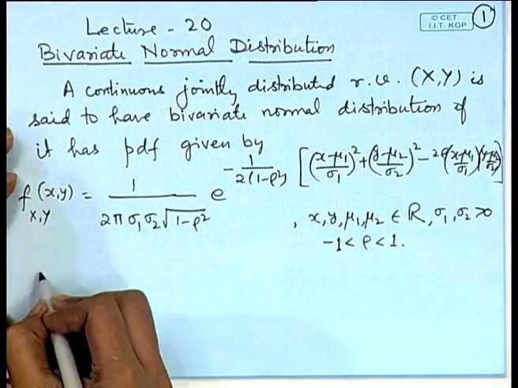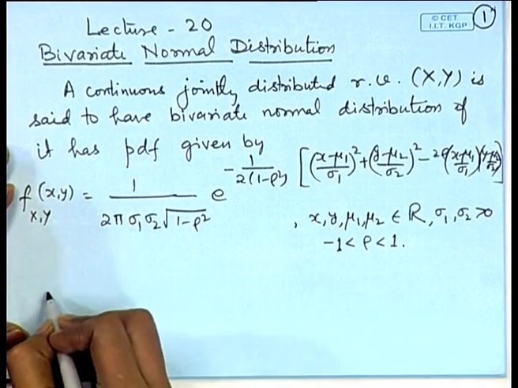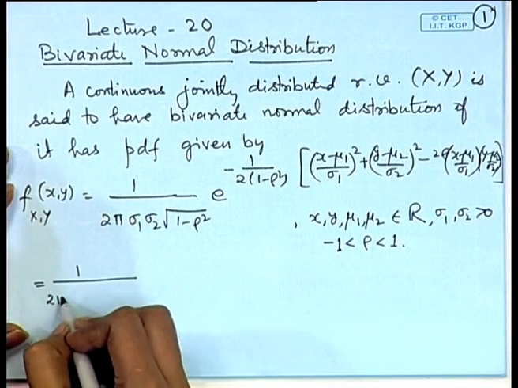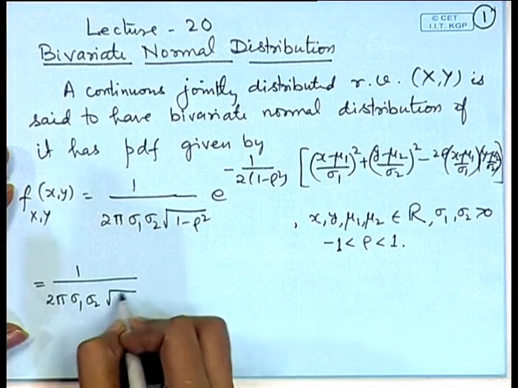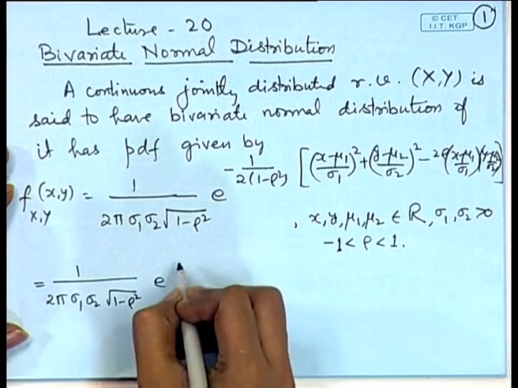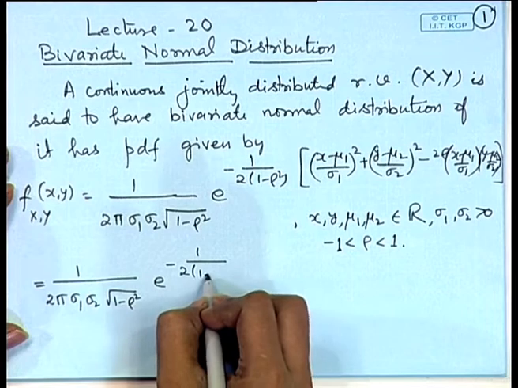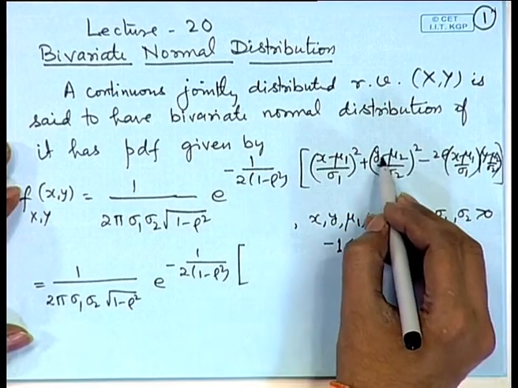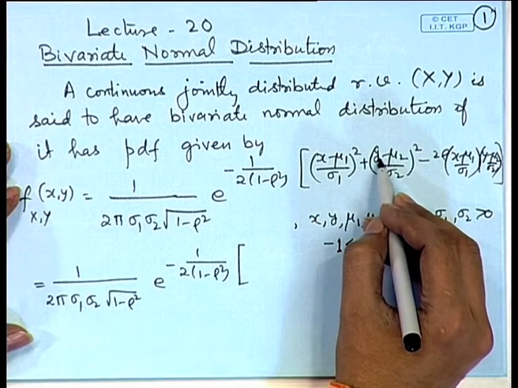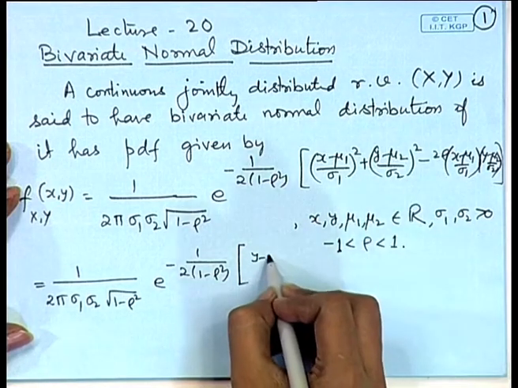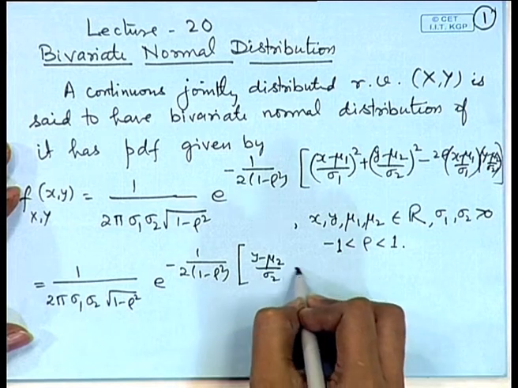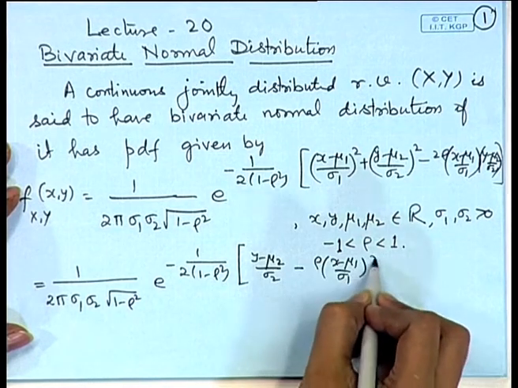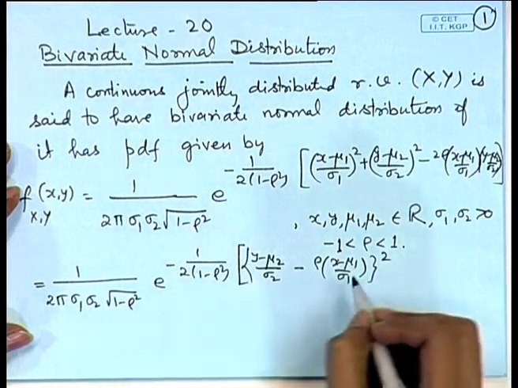So, we can factorize it as 1 by 2 pi sigma 1 sigma 2 root 1 minus rho square, e to the power minus 1 by 2 (1 minus rho square). Here, if we make a square in y, then we have (y minus mu 2 by sigma 2 minus rho (x minus mu 1 by sigma 1)) whole square.